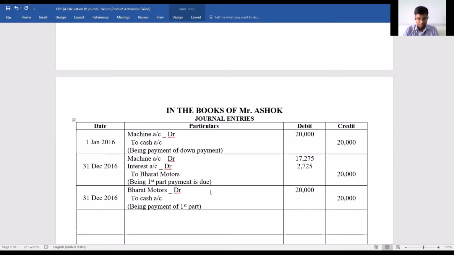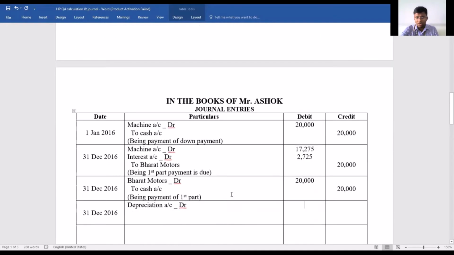So that has been done. Next, what we have to do is on 31st December 2016, you will have to charge the depreciation. So depreciation account, please remember this is nominal, and since it is nominal, debit all expenses.